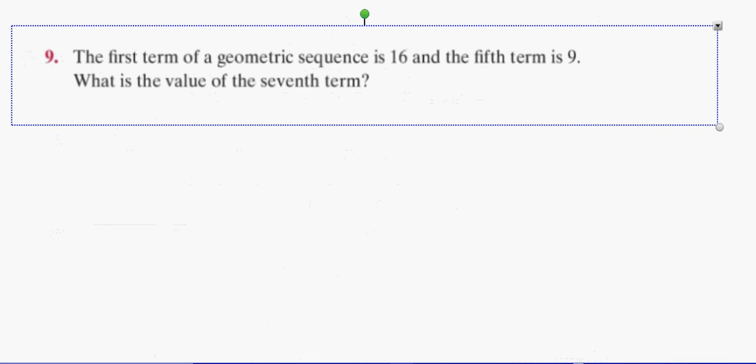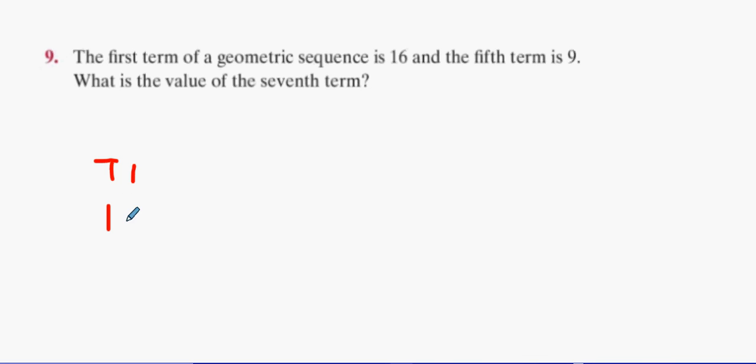Alright, what do you reckon about this one? The first term of a geometric sequence is 16 and the fifth term is 9. What's the value of the seventh term? Alright, let's think about this. T1 is 16.